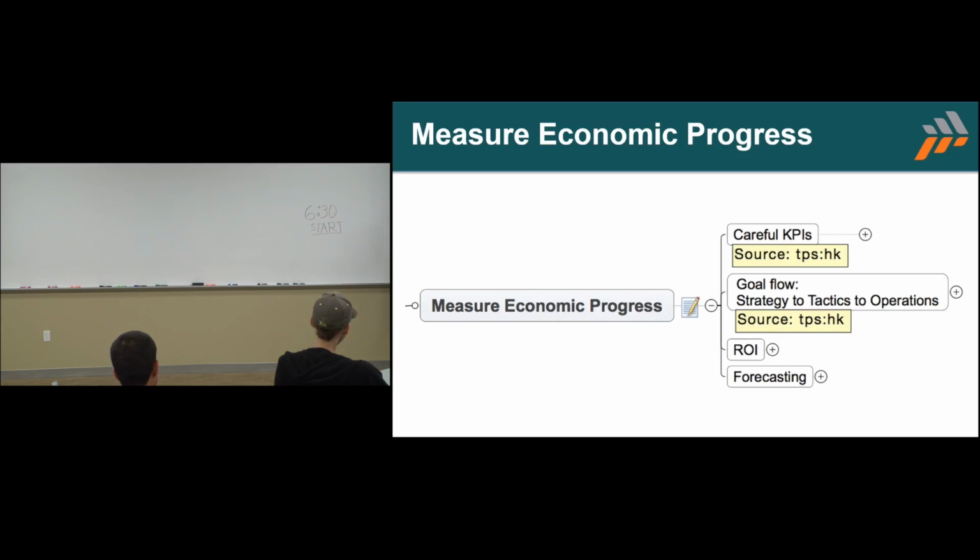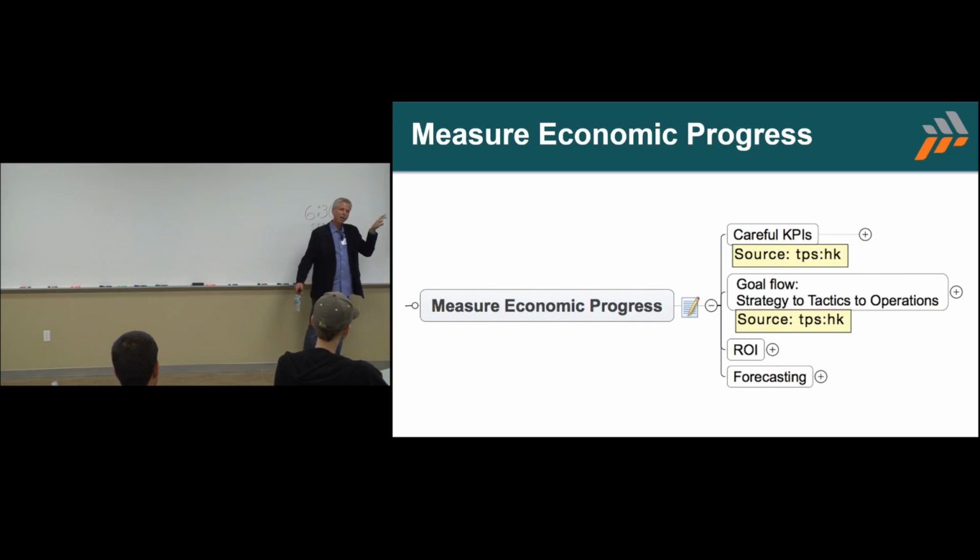So these types of KPIs are ones that help us sense rapidly and give us guidance about how to adapt and what to create next. Does it make sense? Am I confusing everyone? Okay, good.